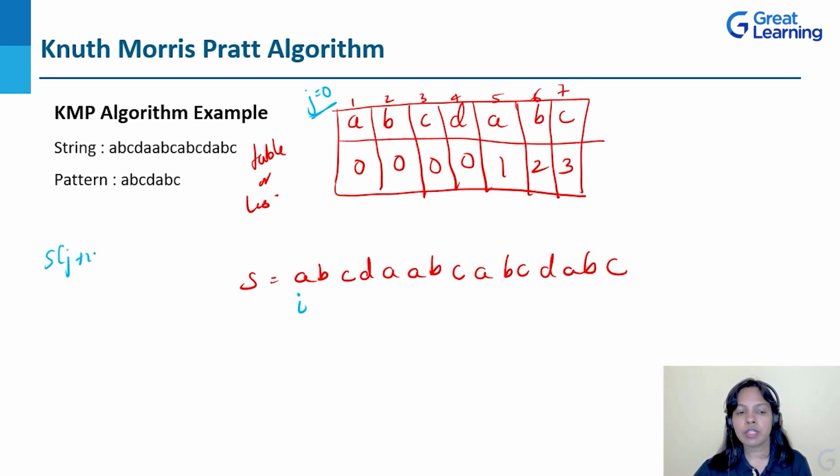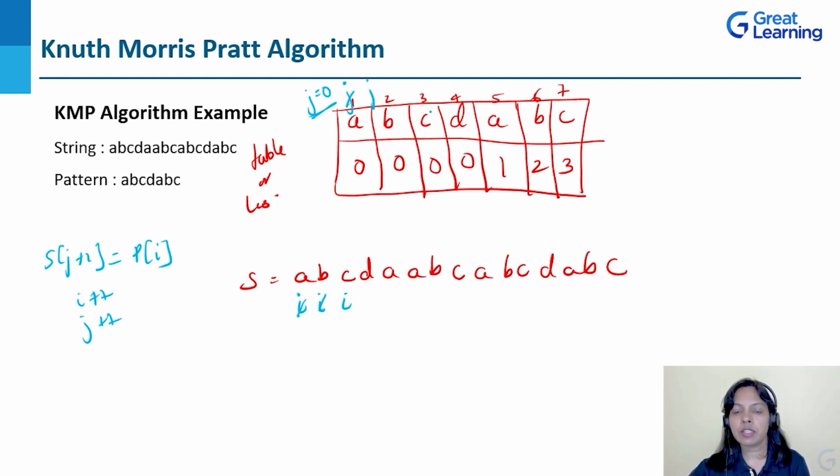If they are equal, so here A and A are equal, then you have to increment I as well as increment J. Clear? Now again, J plus 1 will be compared with I. I is B and J plus 1 is B. So they are equal again. So J will be incremented and I will also be incremented.